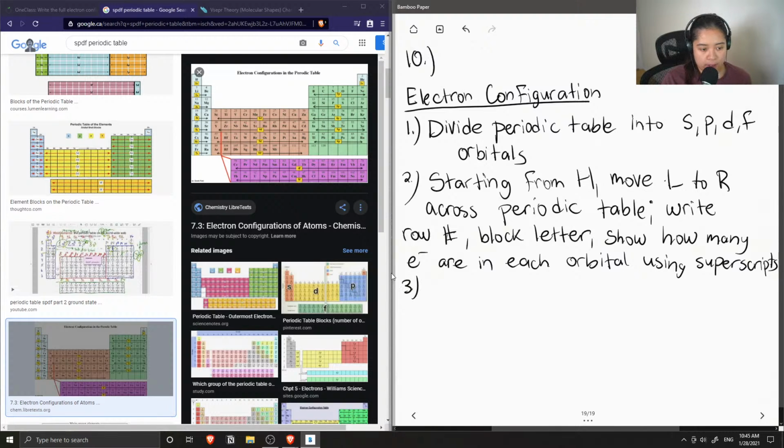Okay, so I'll also add that when we get to the D block, we write the row number minus 1. And when we get to the F block, we write the row number minus 2.